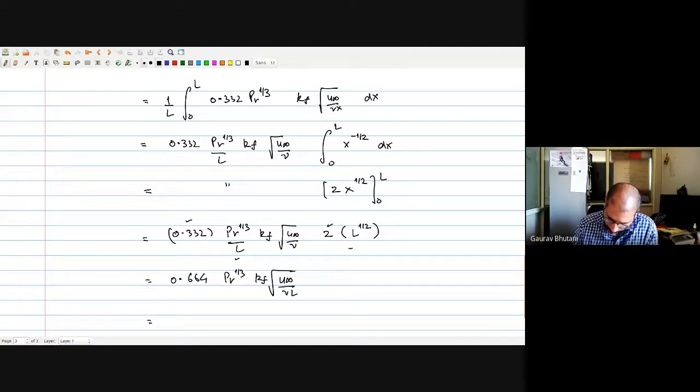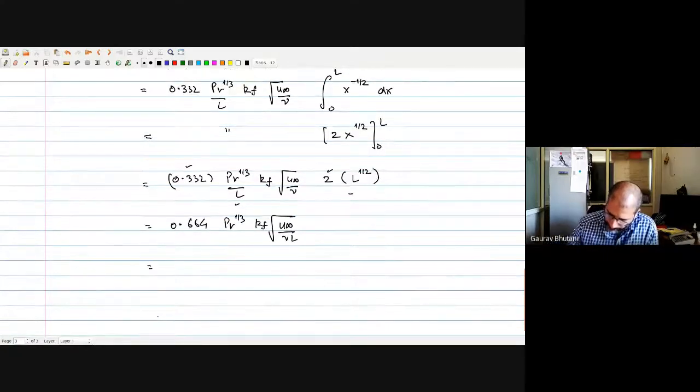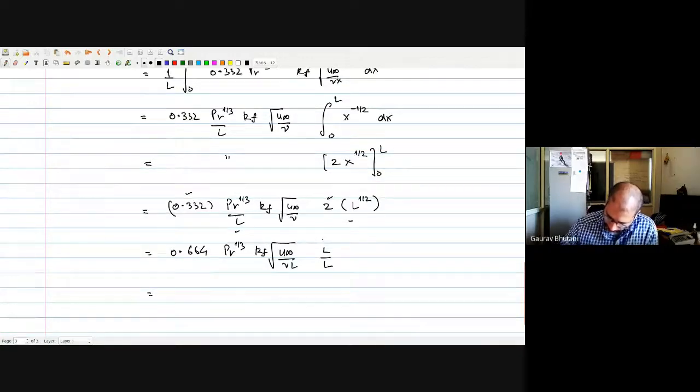Then what I can do is multiply the expression and divide by L. So this can be taken inside the square root, the one in the numerator. So this becomes u infinity L square by nu L. Then you have a 1 by L here.